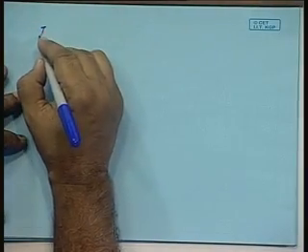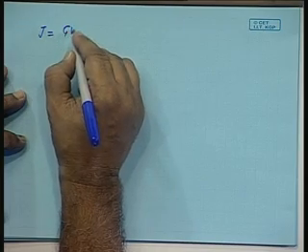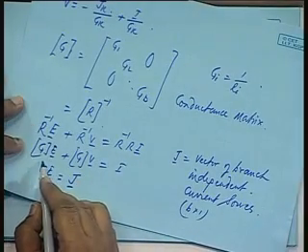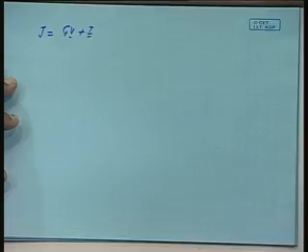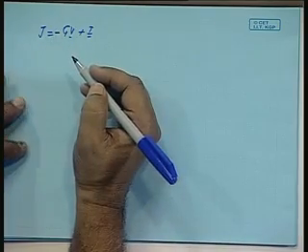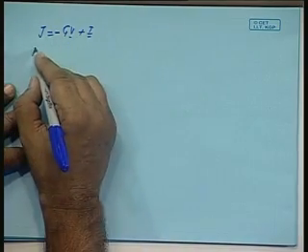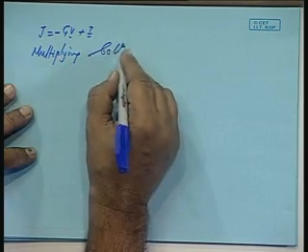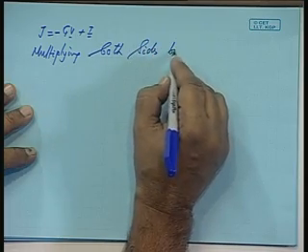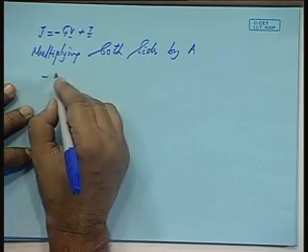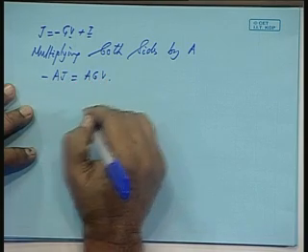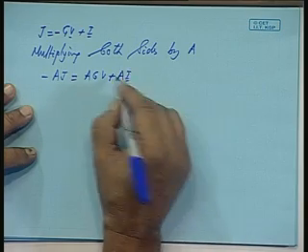So, we get J equal to GV plus I. J equal to GV, if I take it to this side it will be minus GV plus I. If I multiply both sides by matrix A, we get minus A times J equal to A G V plus A I. And what is A I?